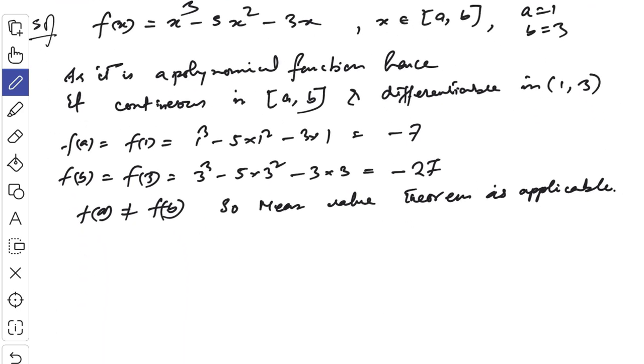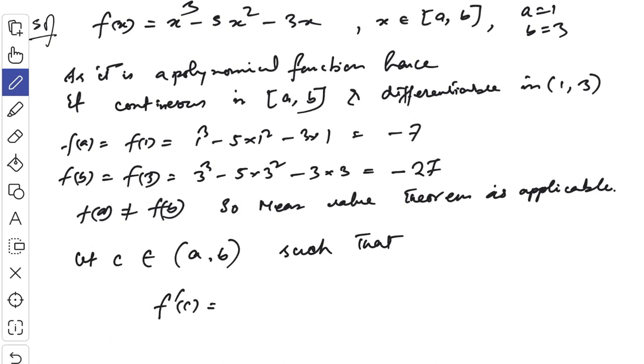So there must be a number c, suppose c belongs to the open interval a to b, such that f dash c is equal to f of b minus f of a by b minus a. Now let us find f dash x first.